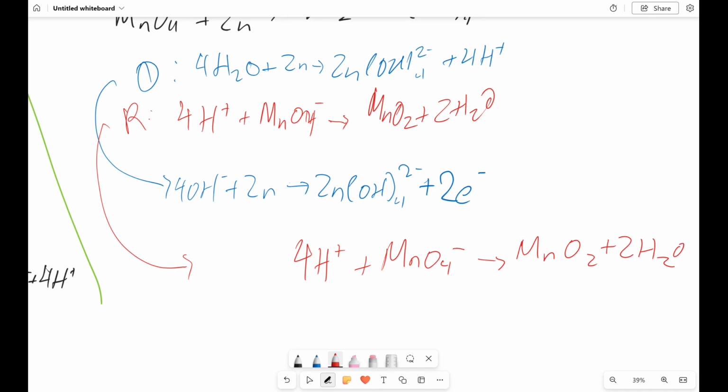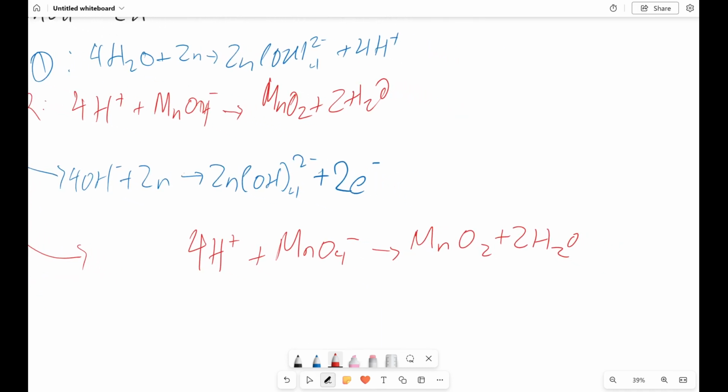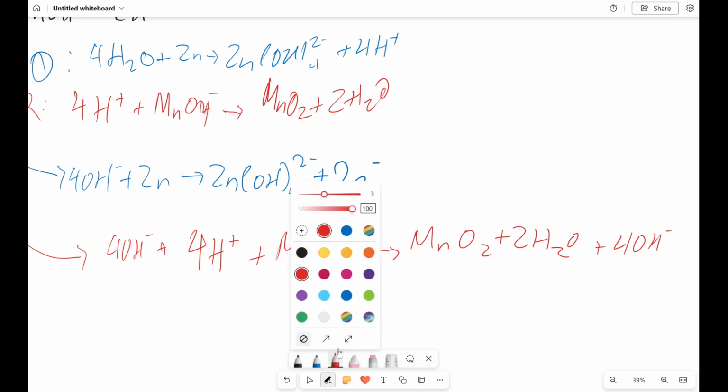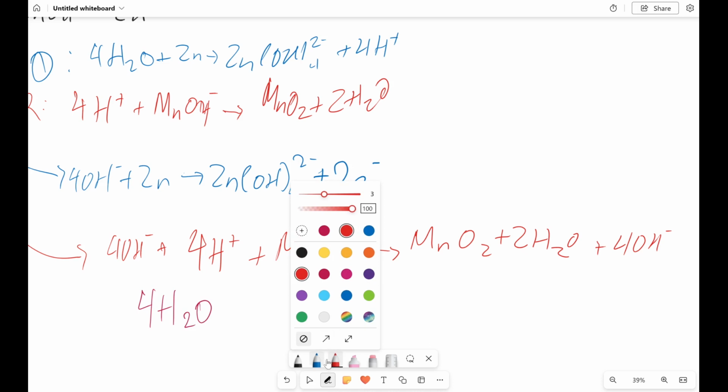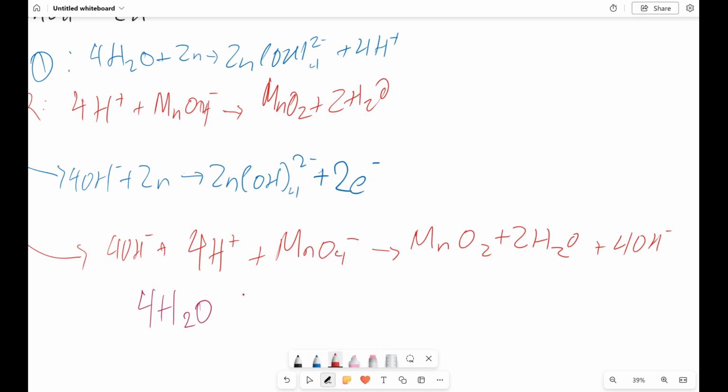Okay, so then we're gonna have to neutralize our acids. So add 4OH minus on this side, 4OH minus on that side, and now we make our waters. These guys connect. Please tell me there's a darker red this time. Oh my goodness, you cannot tell that I changed the color. I mean, we really don't need to know that I did change the color though, so it's fine.